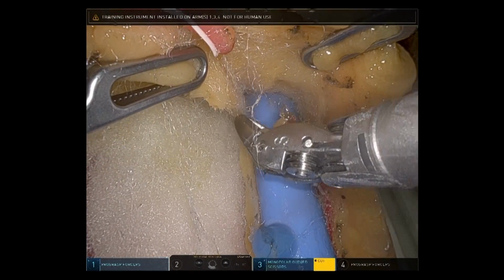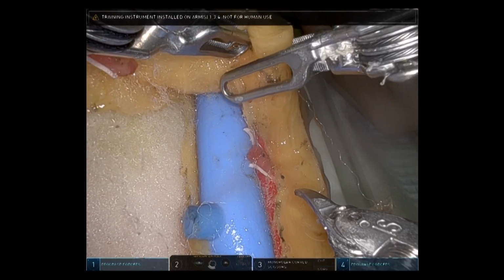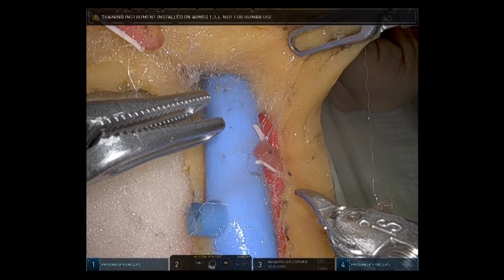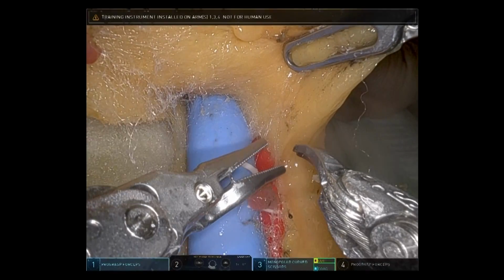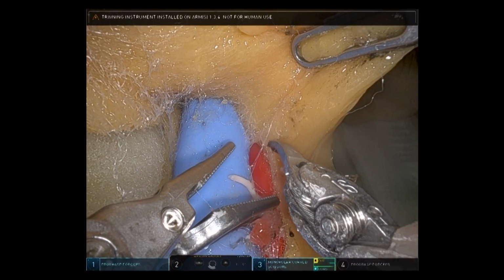The anterior surface of the SMV is dissected further, followed by exposure of the anterior plane of the SMA to refine the dissection boundary.